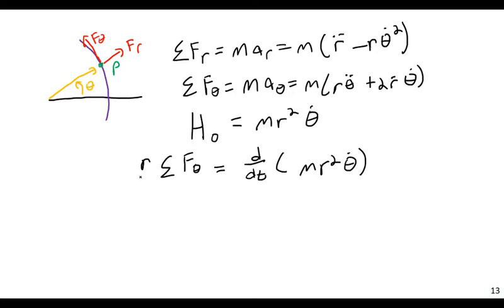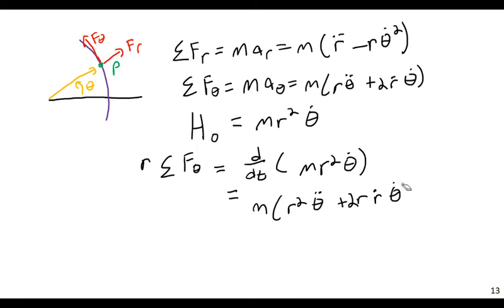So r times the summation of forces in the transverse direction is essentially the rate of change of angular momentum. If I work through this, I get that this is m, derivative with respect to time, of r squared times theta double dot plus 2 r r dot theta dot.